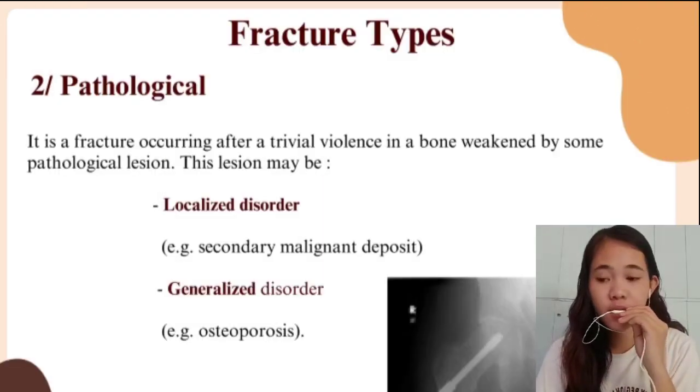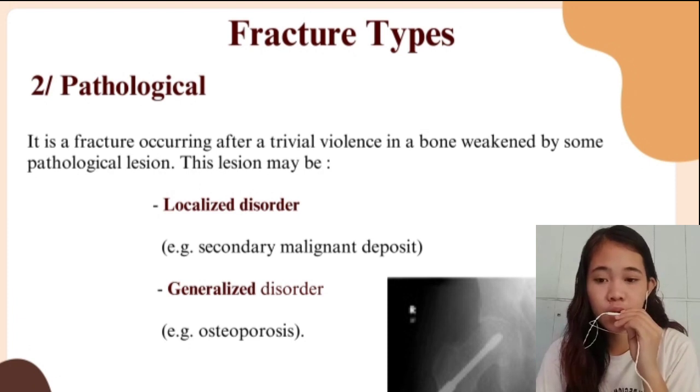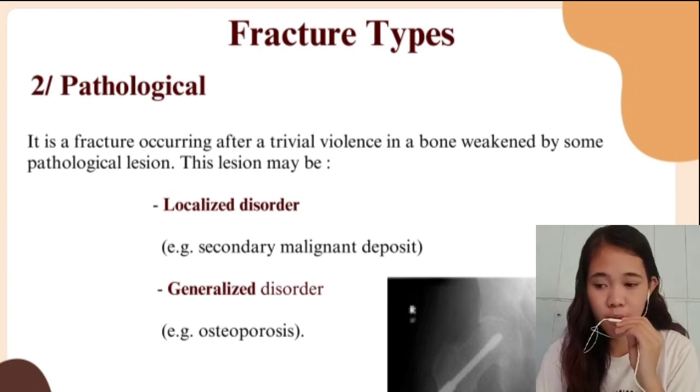Let us now proceed to the pathologic fracture. By the word pathologic, it is having to do with pathology or a disease. By the word fracture, fracture is a break in a bone. So all in all, a pathologic fracture is a break in a bone that is caused by an underlying disease. For example, osteoporosis, cancer.